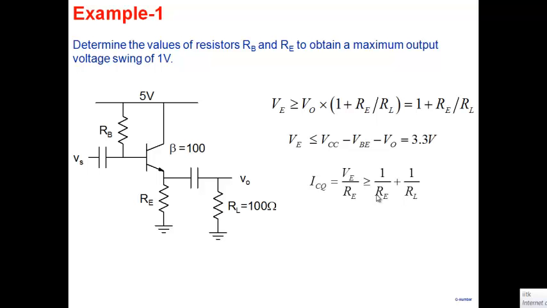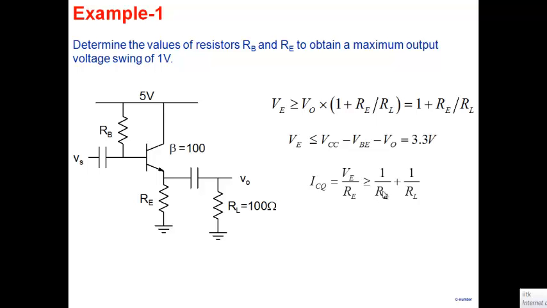But if I use RE very large, what will happen? Can I use RE equal to 5 RL? If I put RE equal to 5 RL, this becomes 5 plus 1, 6. VE must be greater than 6, but this says VE must be less than 3.3. I can't do that. So what is the highest value of RE that you can choose?